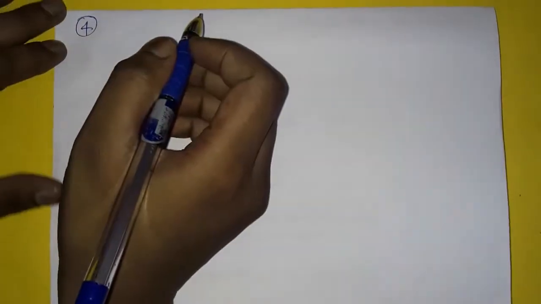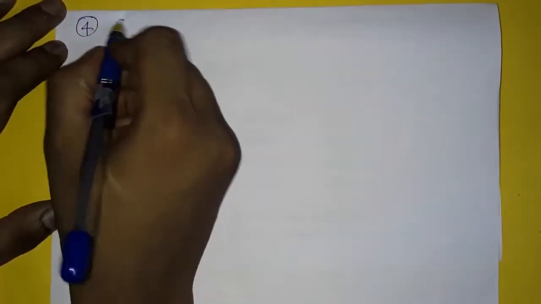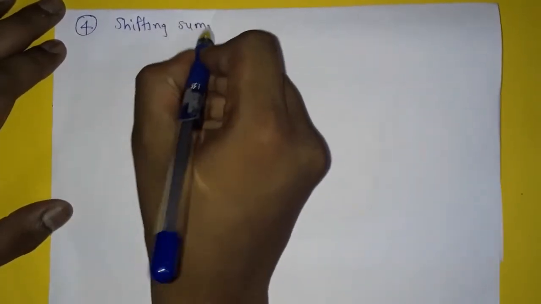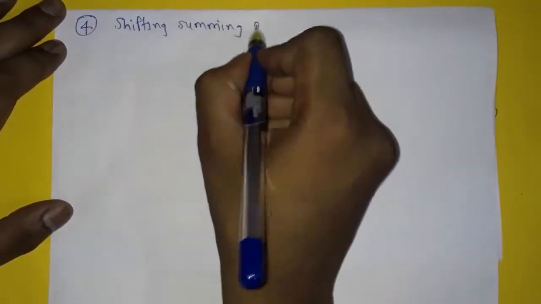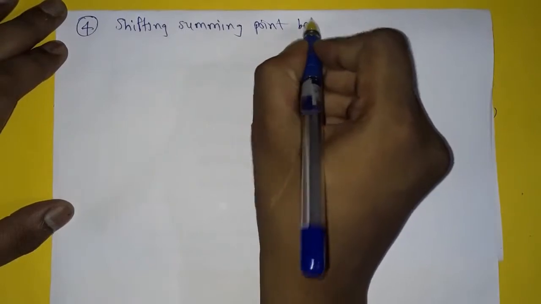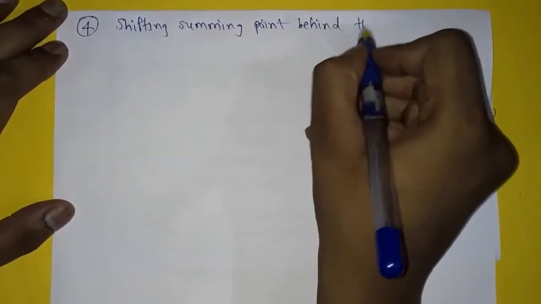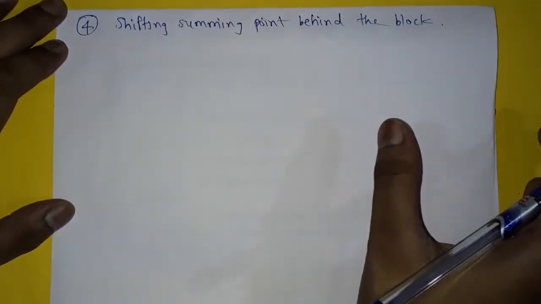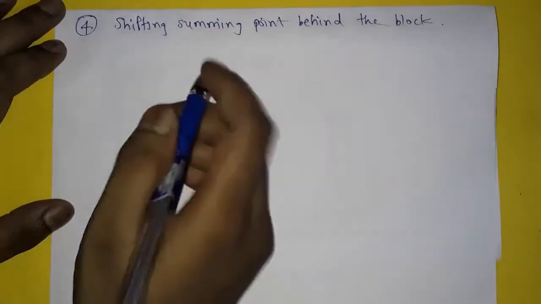Now, fourth is shifting summing point behind the block. In this, we shift the summing point behind the block. Let's see.